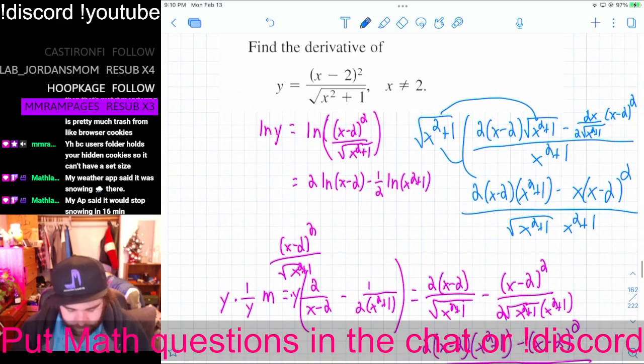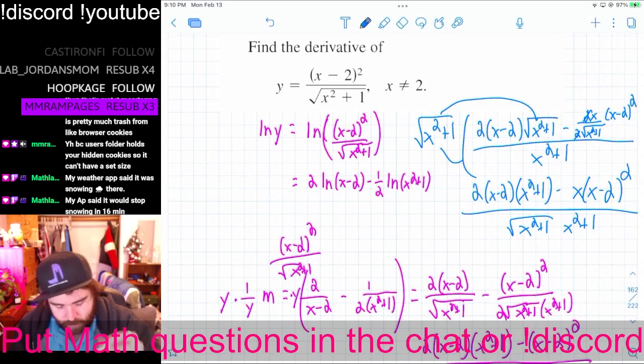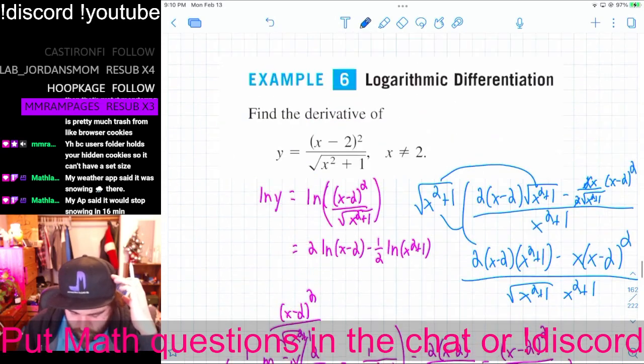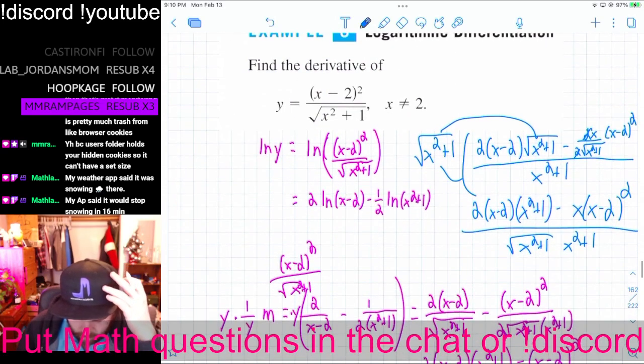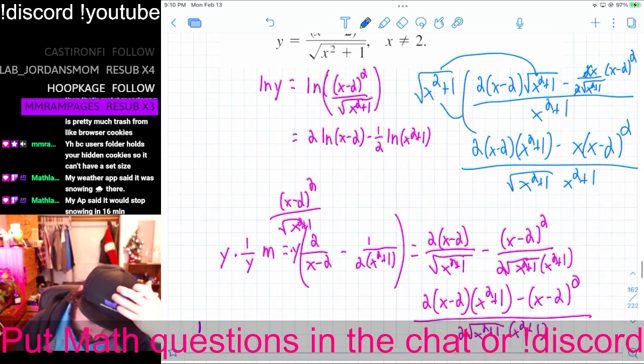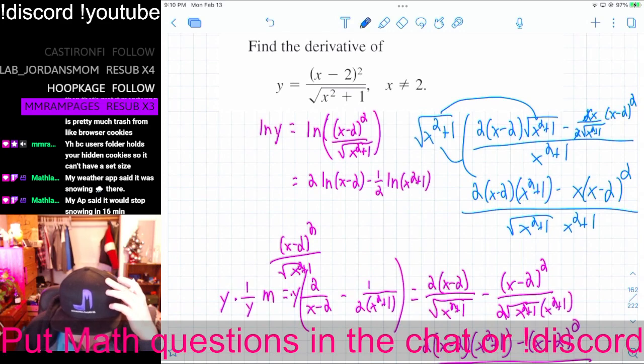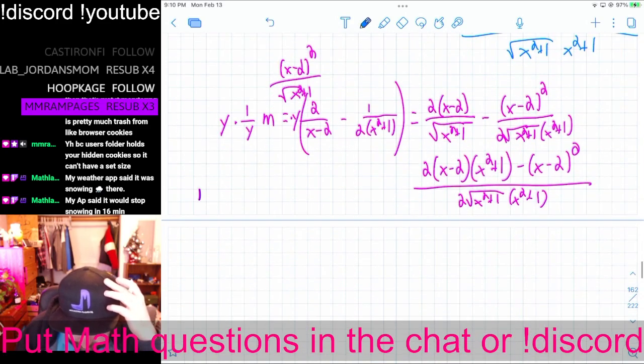Where's the 2 on the bottom supposed to come from? Because this 2 cancels out, right? That 2 definitely should cancel. So I'm just seeing the 2 there.